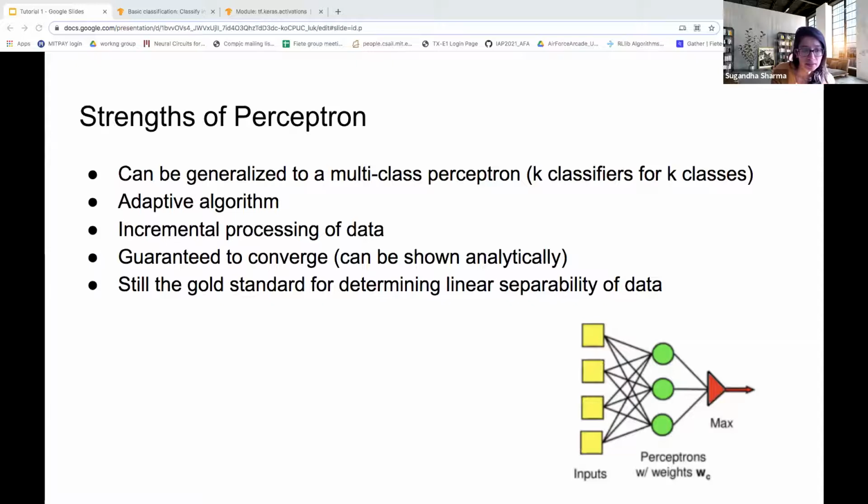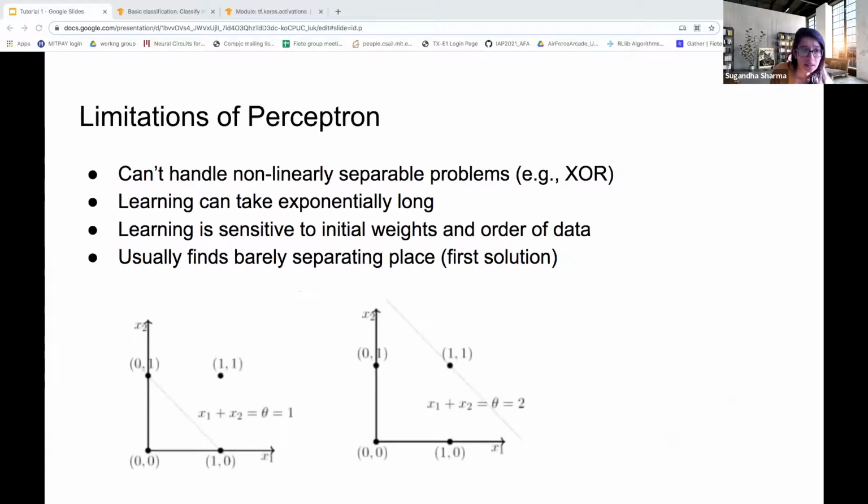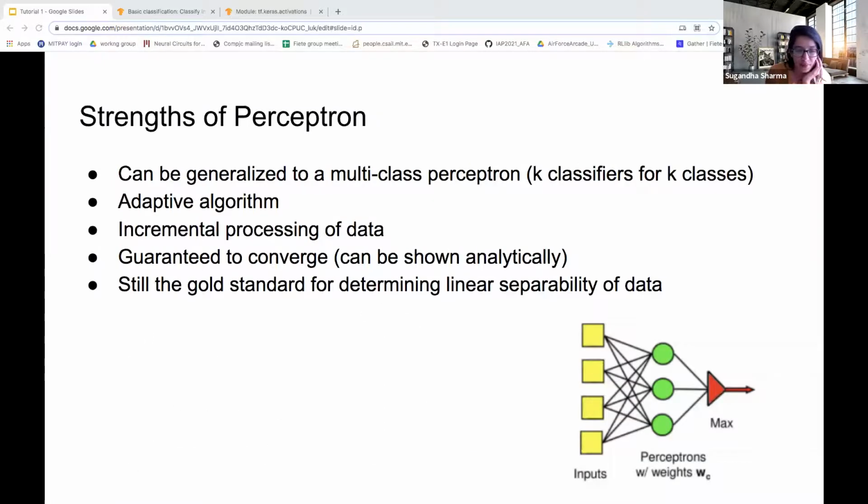So maybe I should ask this, what do people think are the limitations of perceptron? I mean, this is not a trivial question, but since I mentioned it a little bit.